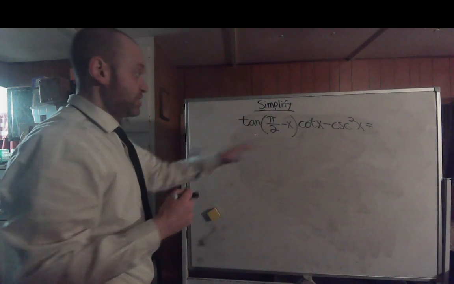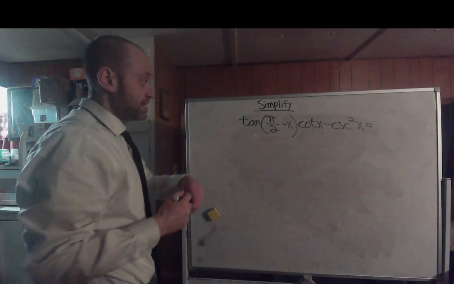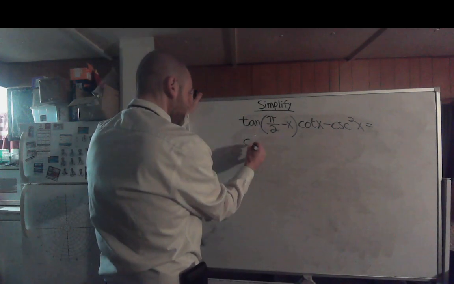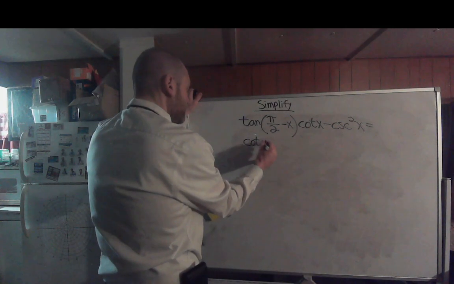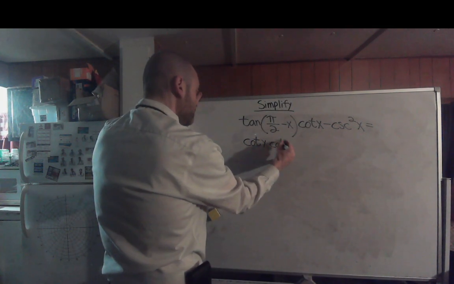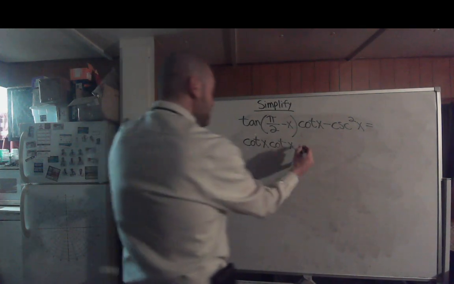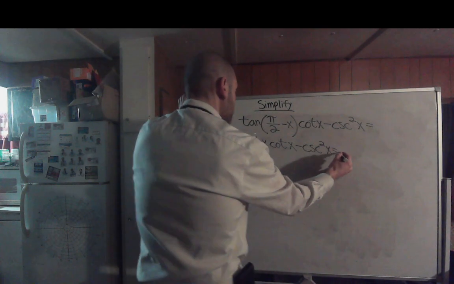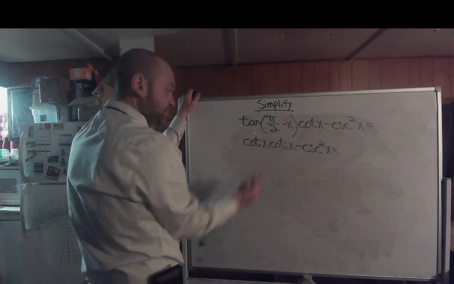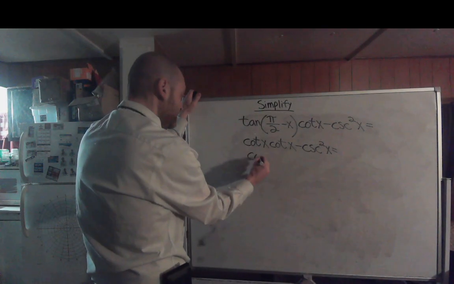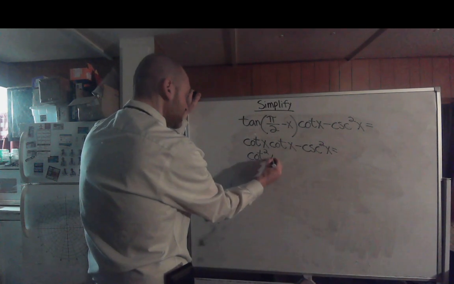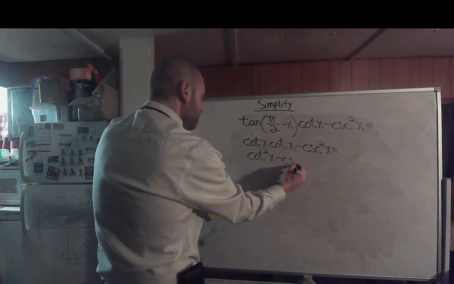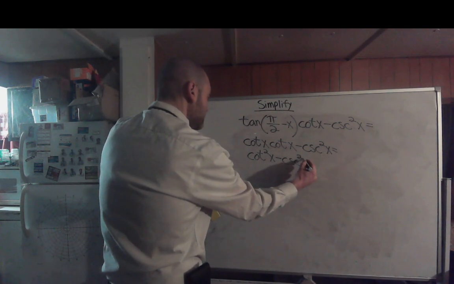What is the tangent of pi over 2 minus x? That's the cotangent of x, right? So you'd have the cotangent of x times the cotangent of x minus the cosecant squared of x. Well, cotangent of x times the cotangent of x is the cotangent squared of x minus the cosecant squared of x.